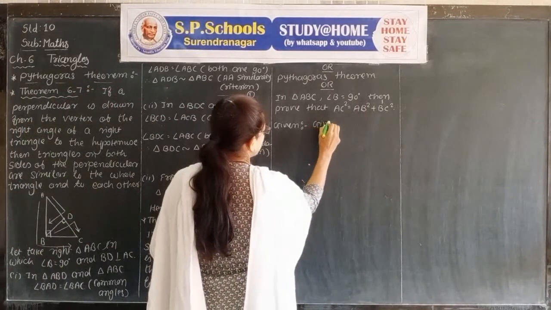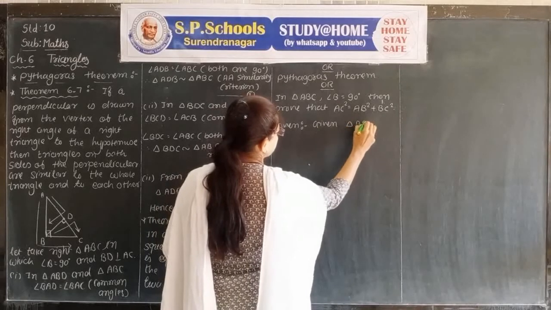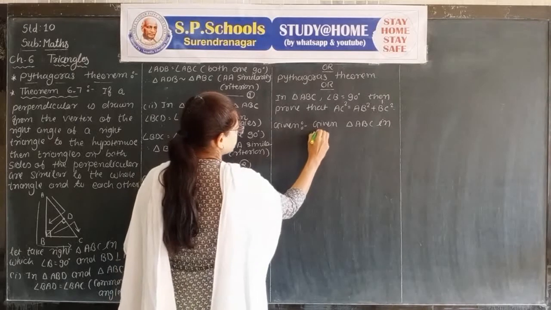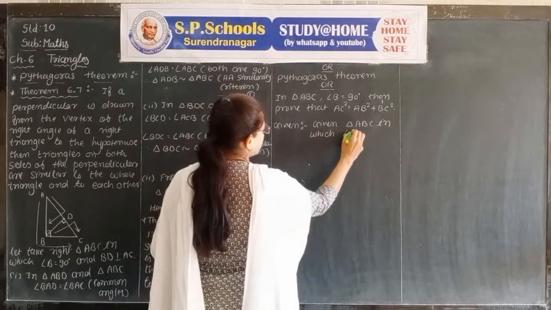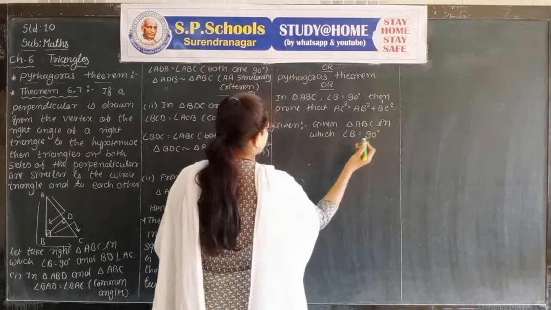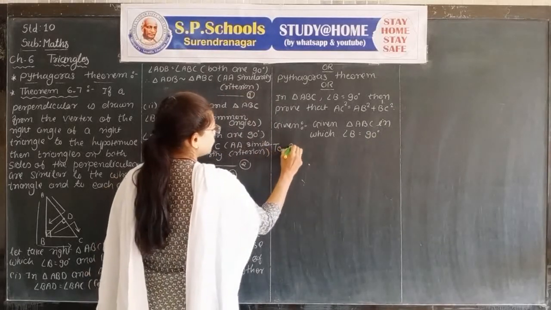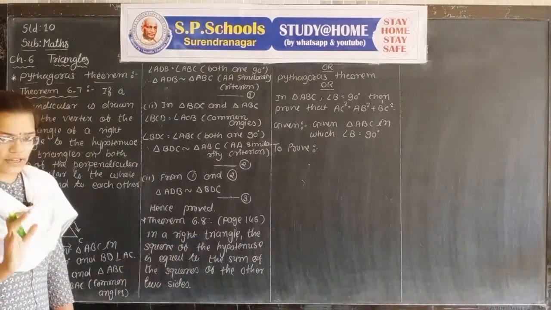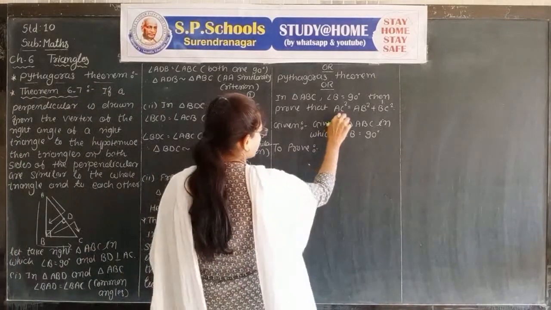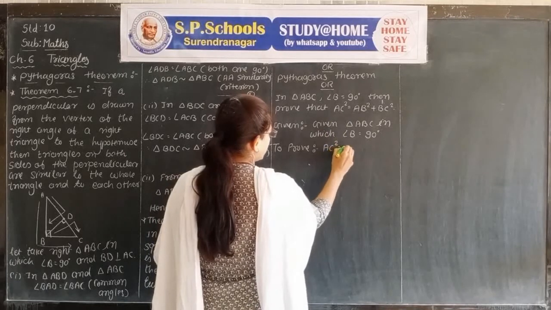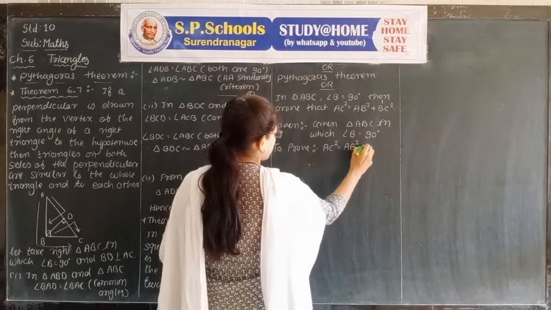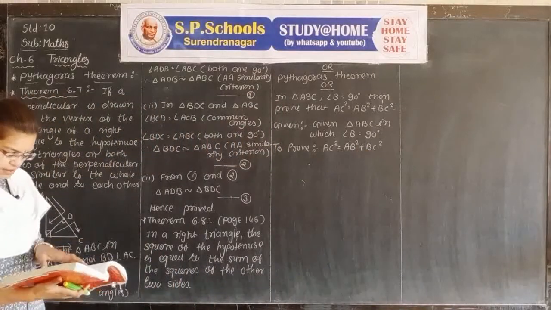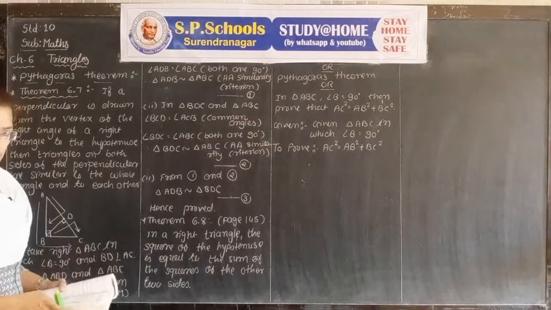Given a triangle ABC in which angle B is equal to 90 degrees. Now in to prove, which is important for our examination, we have to prove that AC square is equal to AB square plus BC square. The square of the hypotenuse is equal to the sum of the squares of the other 2 sides.